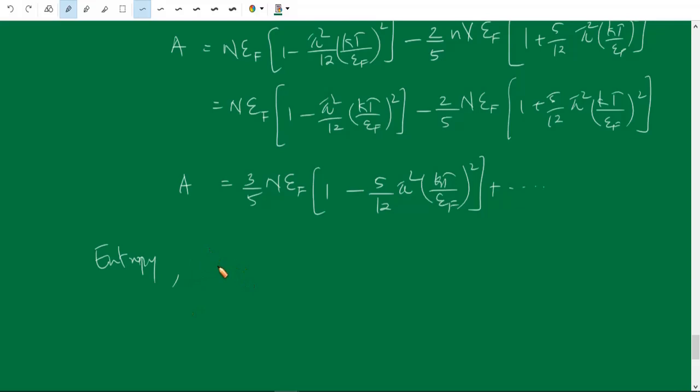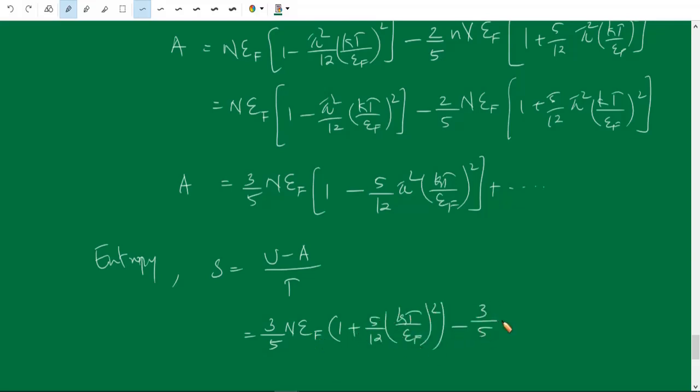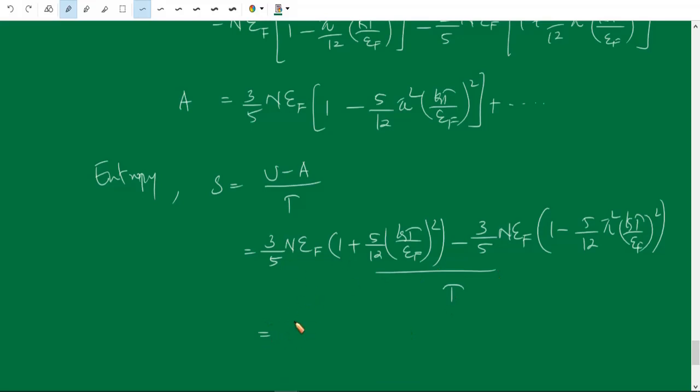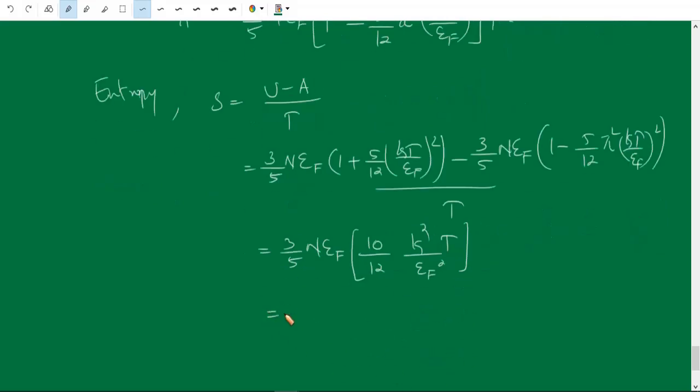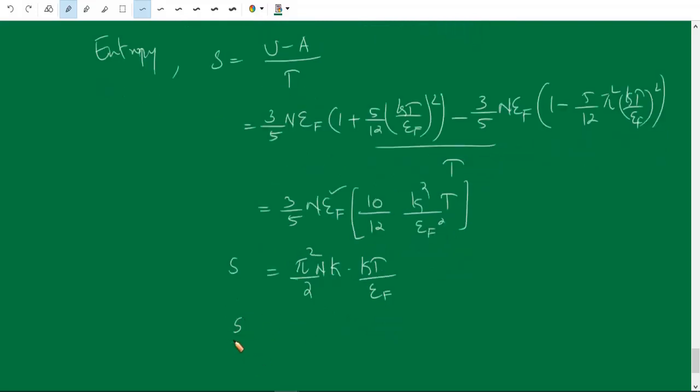That means S is equal to U minus A divided by T. So therefore we can write S divided by Nk is equal to pi square divided by 2 kT divided by EF. Okay, if there are higher order terms we can write like this.